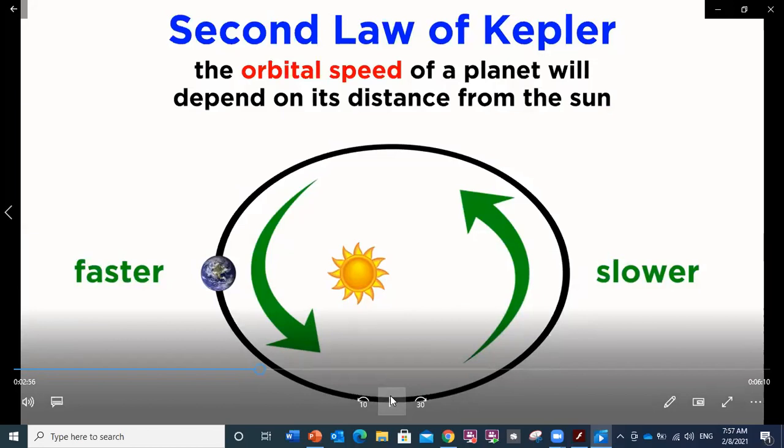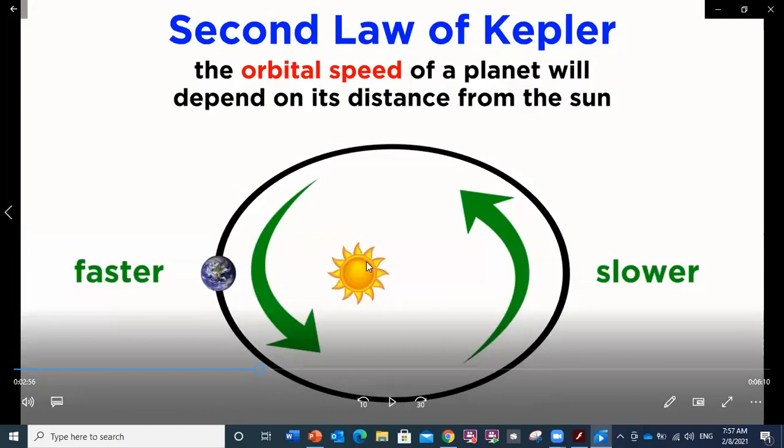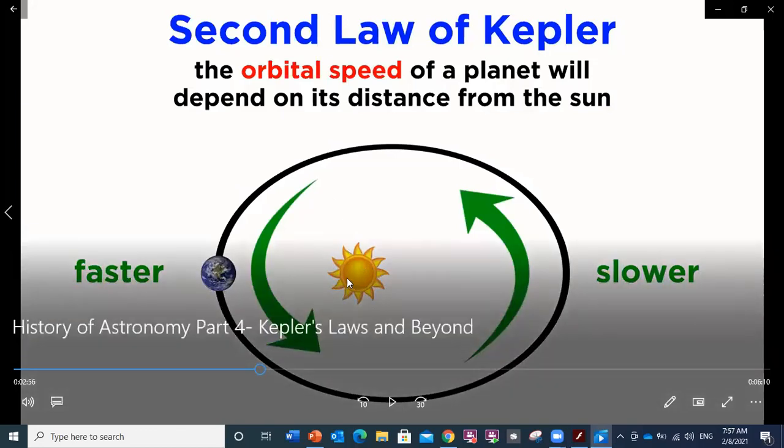Okay, so here, because the elliptical shape is made by two centers, the Sun is one of the two centers. So it is closer to this part than to the other part. The elliptical shape does not have just two radii, it has a lot of radii, because the distance from one center is different than the distance from the other center.